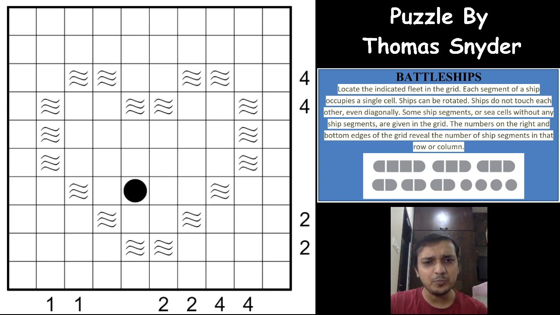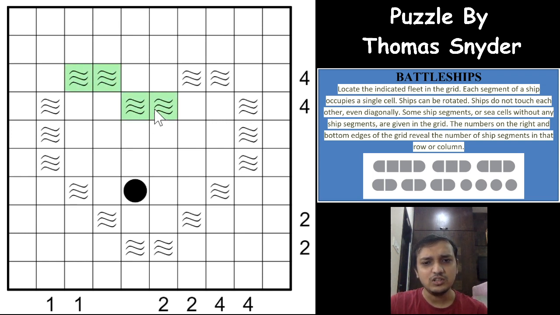So we have to place them in the grid in such a way that no 2 ships can touch each other even diagonally, right? So a 4 cell ship cannot touch a 3 cell ship or any other ship diagonally, right? And these are the water cells, right?